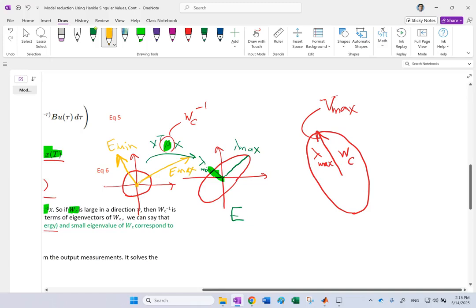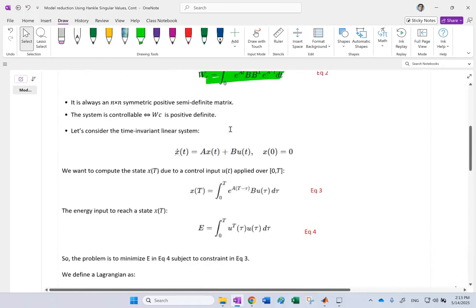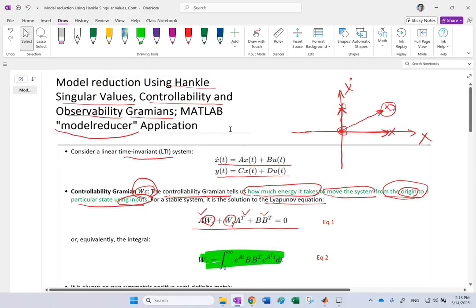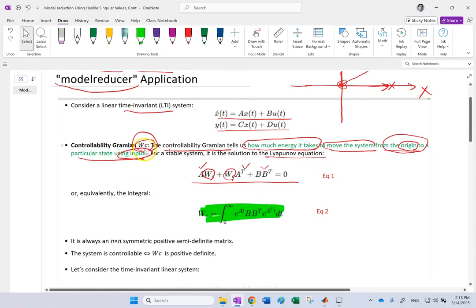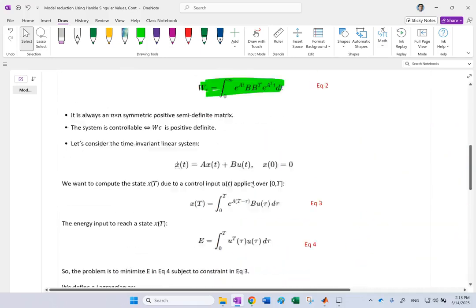And anywhere in between is between this min and max energy. Okay, so this is the idea of the controllability Gramian, how much energy you need to go from origin to any desired state. Those are determined by the direction of eigenvectors of WC, and the energies are determined by eigenvalues of that. Good?